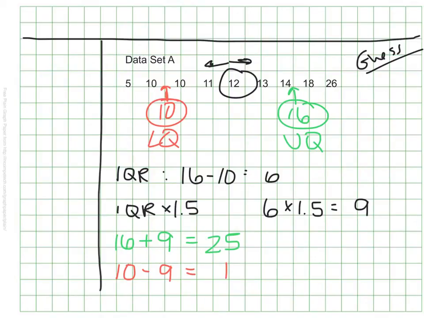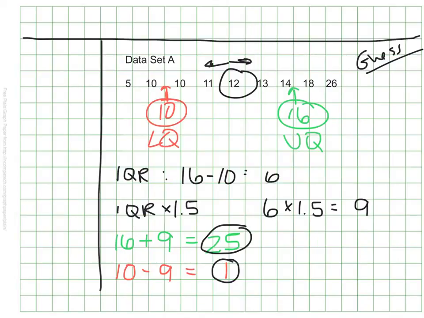These two numbers that we found, 25 and 1, represent the boundaries that indicate where outliers are. So anything that is above 25 now is considered an outlier. Anything less than 1 would also be considered an outlier. But anything in between those two falls perfectly within the realm of what we would expect for a typical piece of data.